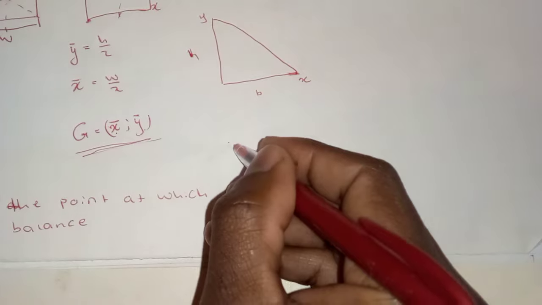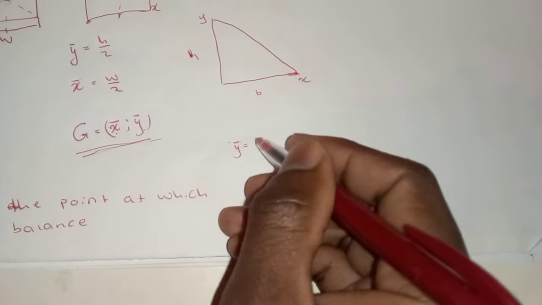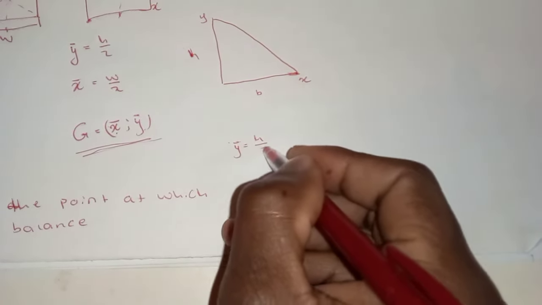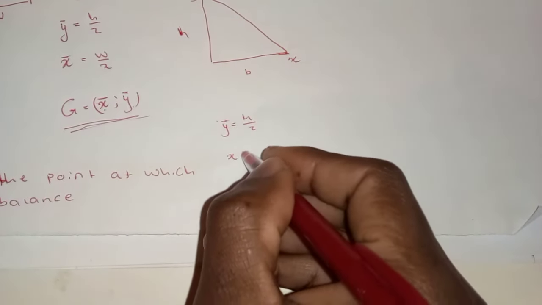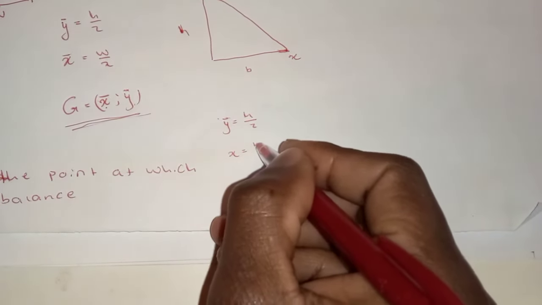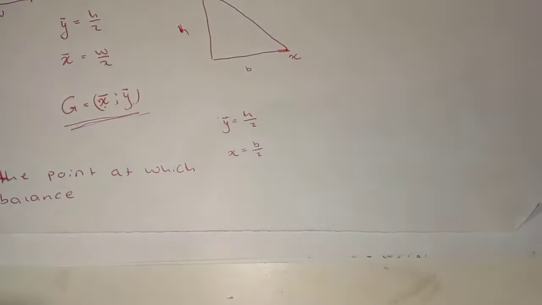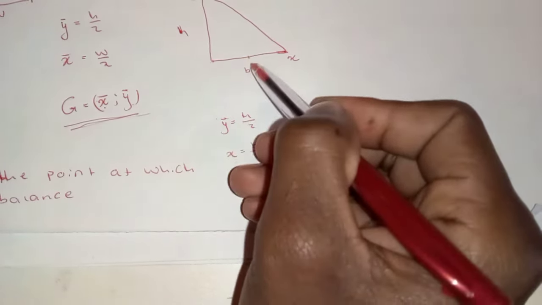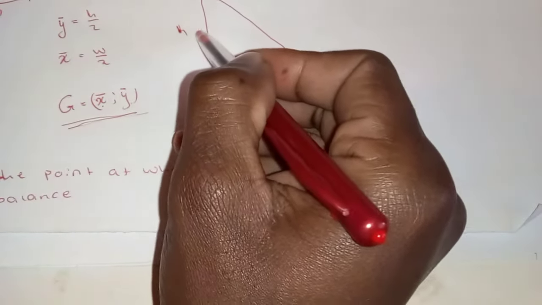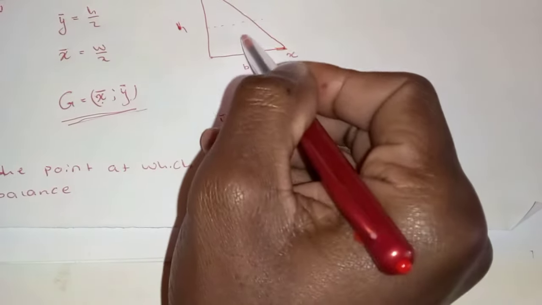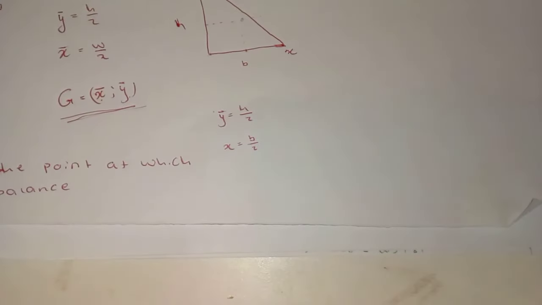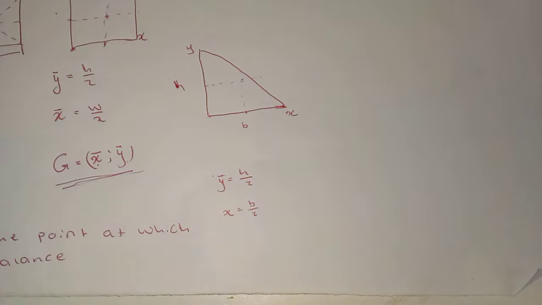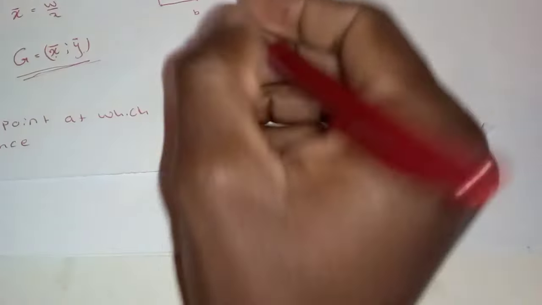We cannot say our y bar is equal to h divided by 2 and our x bar is equal to b divided by 2 as well, because if you do that, our b will be somewhere here, our y will be somewhere here. Draw straight lines, they will intersect here. Looking at the drawing, you can tell that this cannot be the center of this object. So these two are not correct.